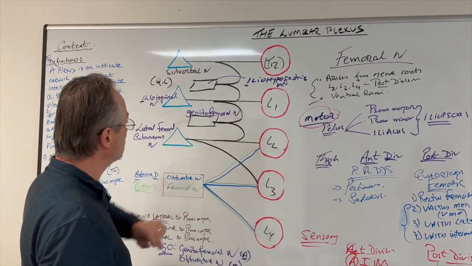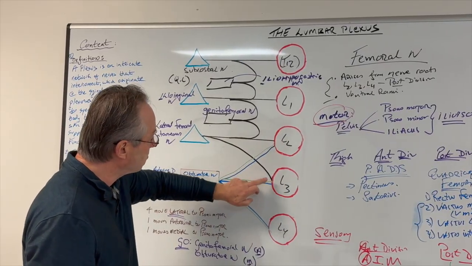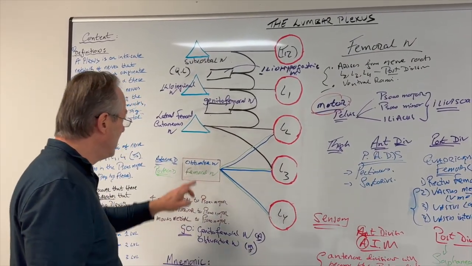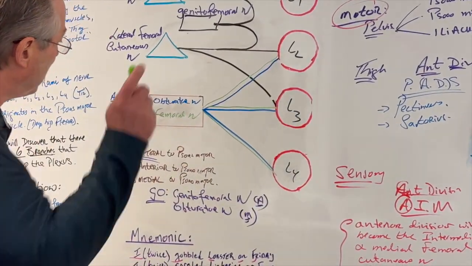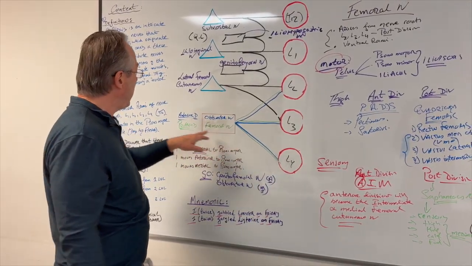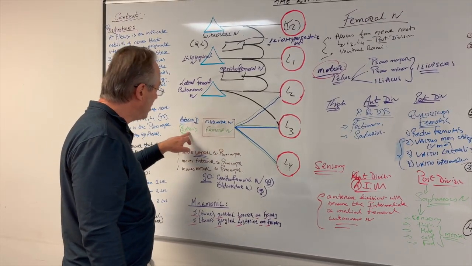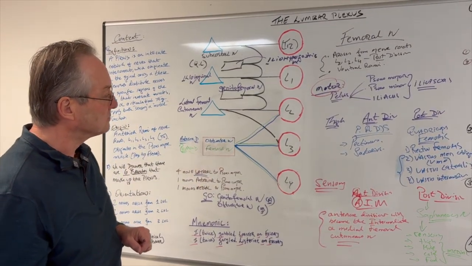Genitofemoral, L1, L2. The lateral femoral cutaneous nerve, L2, and a branch from L3. Obturator nerve, femoral nerve, L2, L3, L4, but the obturator nerve from an anterior division and the femoral nerve a posterior division. Okay.